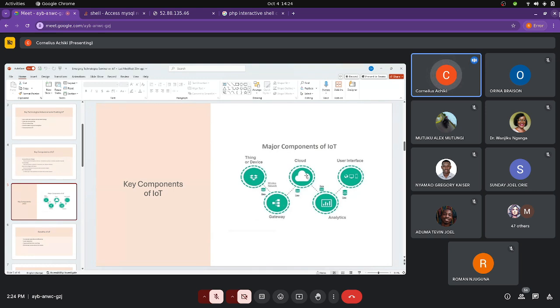Probably this might be a local cloud or Amazon Web Services or the Google Cloud. And then we have the analytics, which is now the computing part, where you are running, let's say, the GCP or the AWS computing platform that you're going to be using just to analyze the amount of data that has been read from the device.